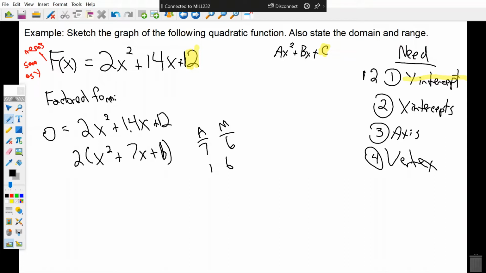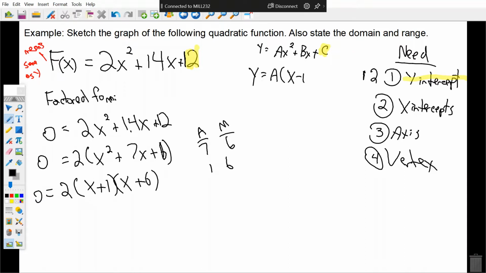So now we can write this factored trinomial as 2 times x plus 1, x plus 6. Now you'll notice that we now have it in factored form, which is y equals a times x minus r, x minus s.